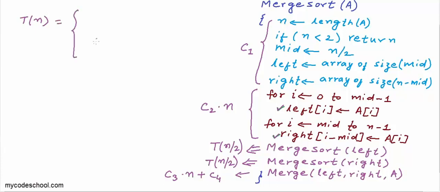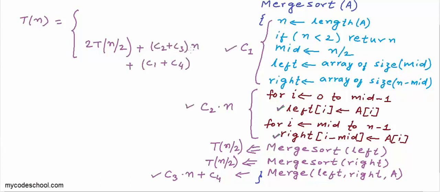So for n greater than 1, T(n) will be equal to 2 times T(n/2) plus we can add all these costs up. It will be something like this. If n is less than 2, or in other words, if n is equal to 1, that is the only case when we will simply return.